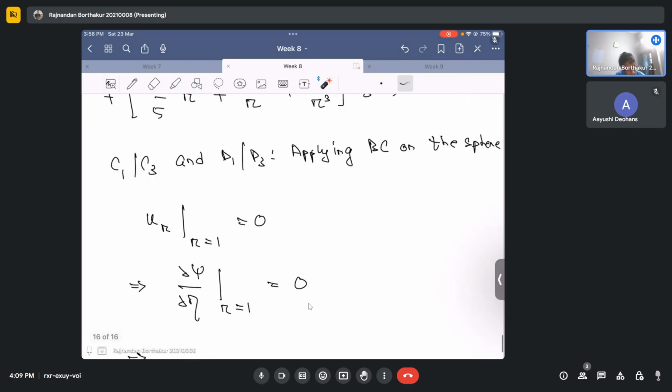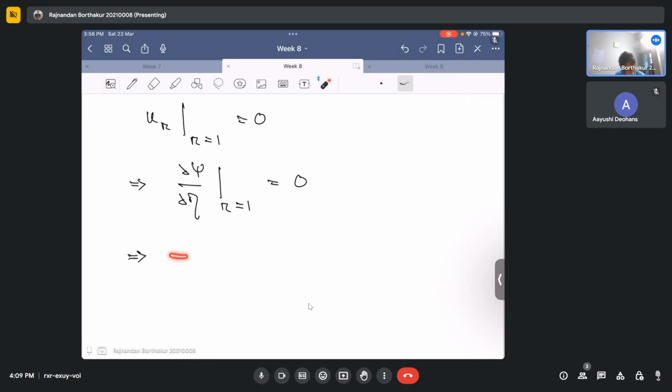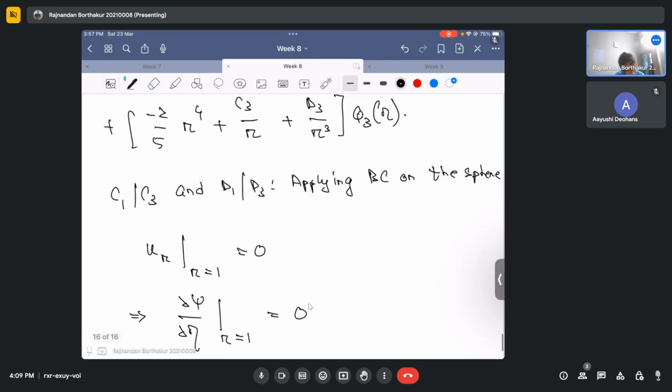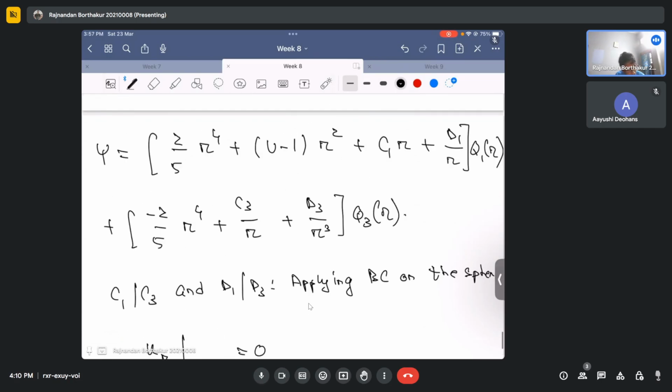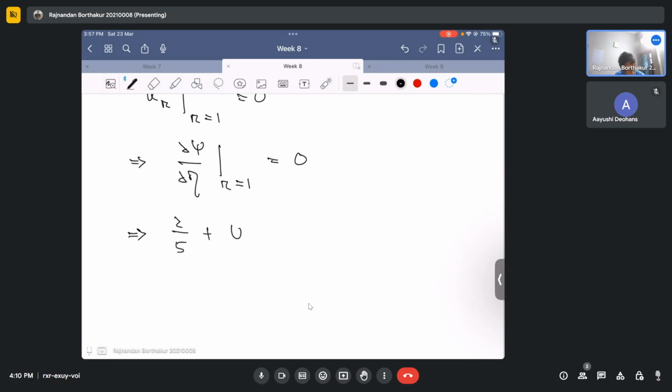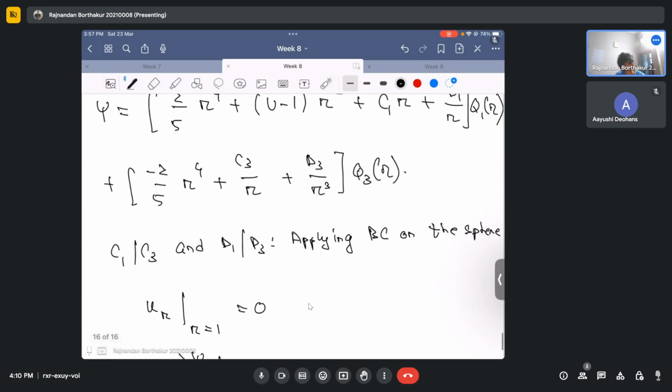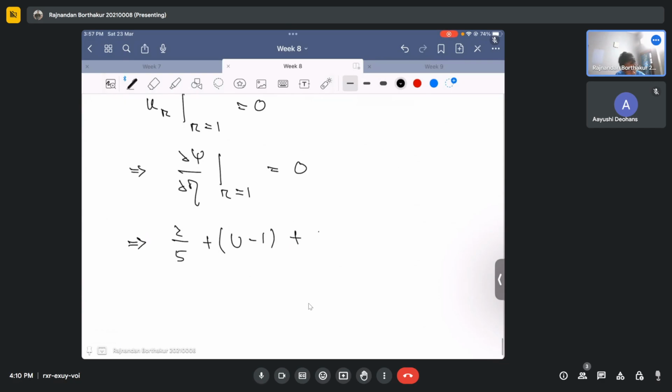So when you do this for r equal to 1, what do we get? Okay, let's see. It is 2 by 5. We are evaluating this at r equal to 1, which means 2 by 5 plus minus 1 plus c1 plus d1.